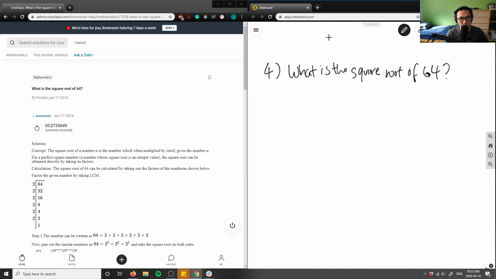So again, we're working with pre-algebra or algebra 1. We're working with radicals actually, so algebra 1. I'll give you a minute to think about this problem: what is the square root of 64? Then we are going to look at the solution together.